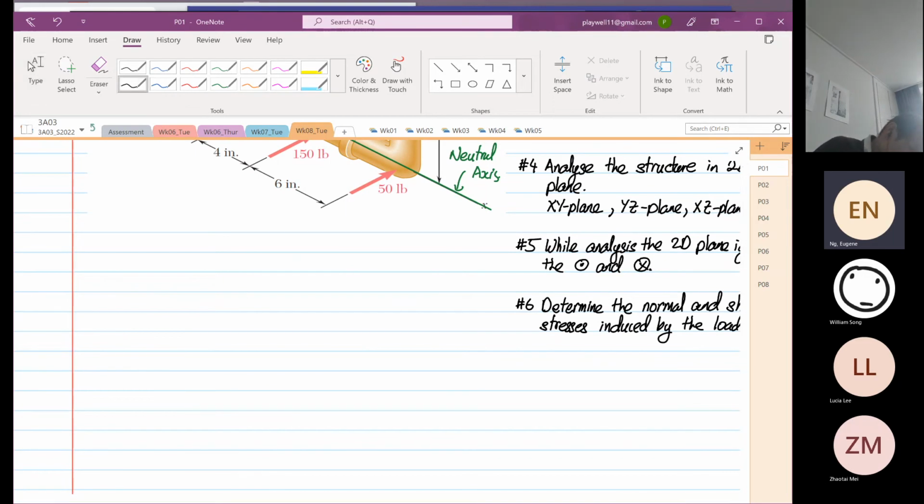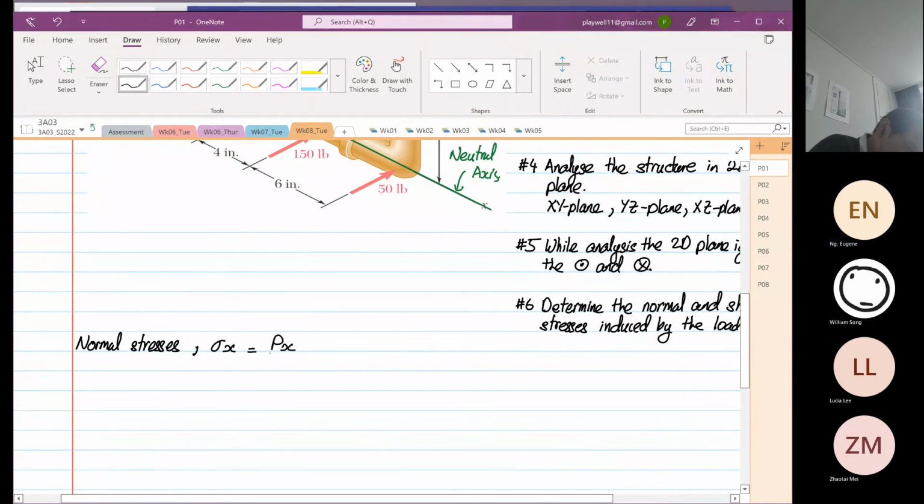So for normal stress, let's say we use in the x direction, we're going to have Px over A, plus My over Iyy multiplied by z, minus Mz over Izz multiplied by y.